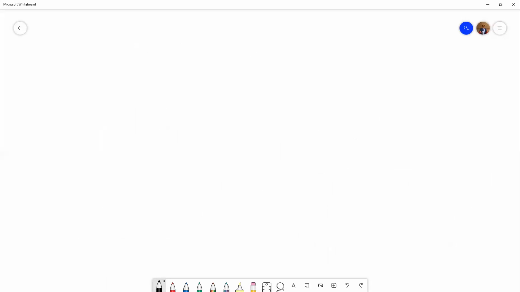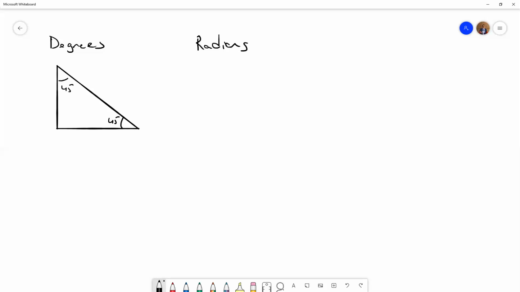Second one now. We have to know degrees and radians. What I mean, degrees and radians. We have this triangle, and now here we have degrees, and we have a and a square root 2.